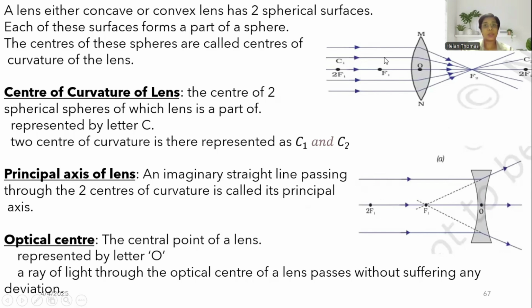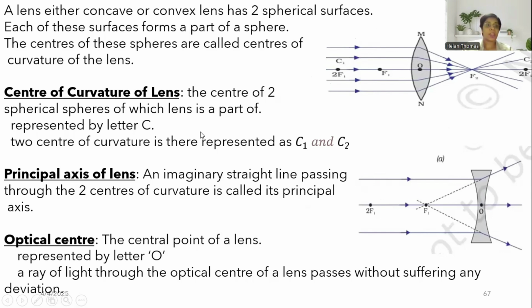It is normally represented as C1 and C2 in the case of a lens, as it has two spherical surfaces. So in the case of a lens, we normally represent them as 2F1 and 2F2 instead of C1 and C2.